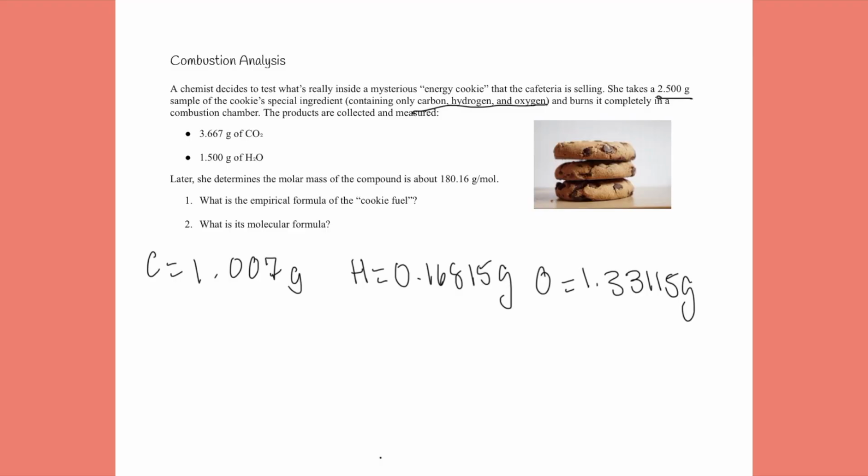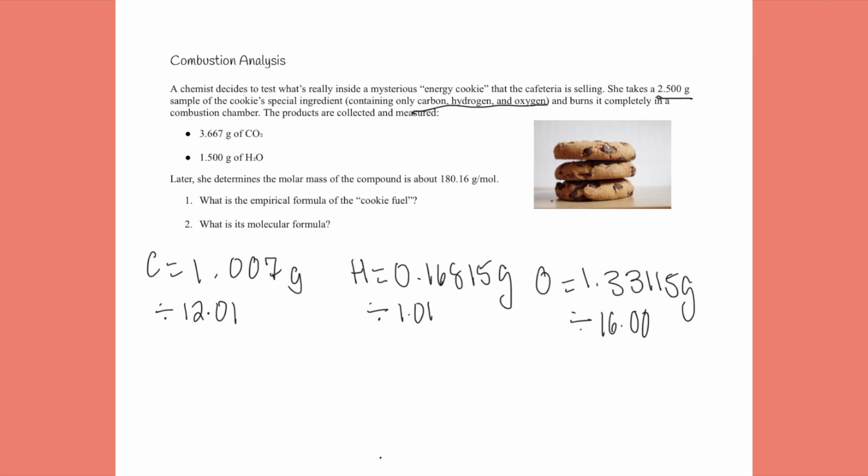Alright, now that we have the masses of each of the elements, we want to find how many moles of each of the elements there are, because the empirical formula is basically a ratio of moles. So in order to find moles, we need to divide grams by molar mass. So for carbon, that's 12.01 grams per mole, hydrogen is 1.01 grams per mole, and oxygen is 16.00.